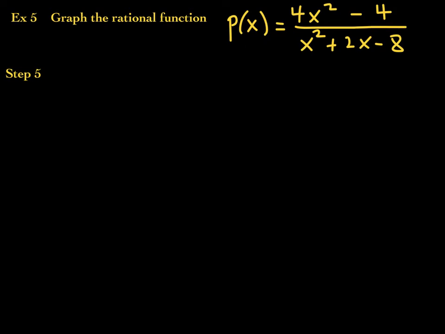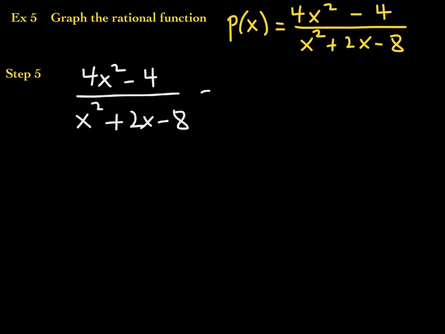So I'm deciding to take the original function, and I think it'll just be easier if we take the original in this case, set it equal to my end behavior asymptote, which is y equal to 4.